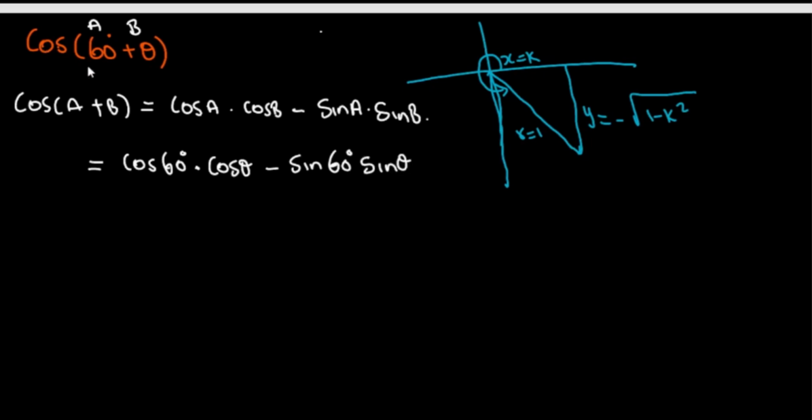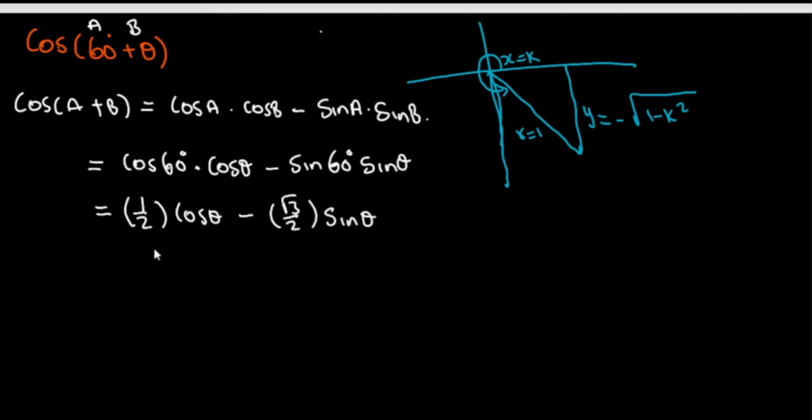This is easy because we know that 60 is a special angle. Since it's a special angle, we can just punch that on the calculator and say this is 1/2 the cos of theta. We're going to minus the sine of 60, put it on your calculator, you get √3/2. Then we have the sine of theta.